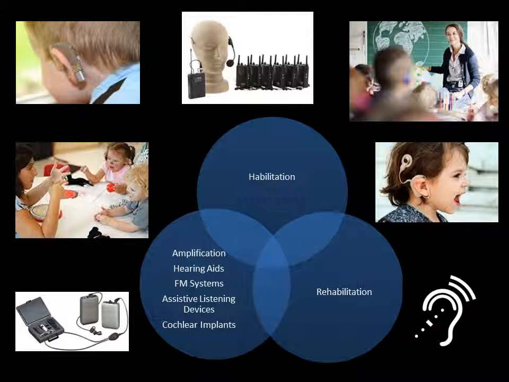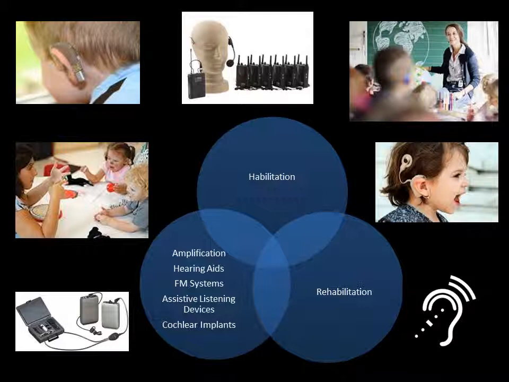So amplification systems such as hearing aids are often used. Amplification means a signal is made louder. Most people get fitted today with a digital hearing aid. The hearing aid has a microphone, signal processor, digital to analog converter, analog to digital converter, and a receiver. There's a lot of different types and styles of hearing aids.